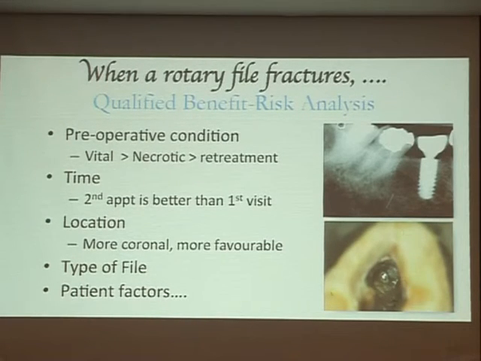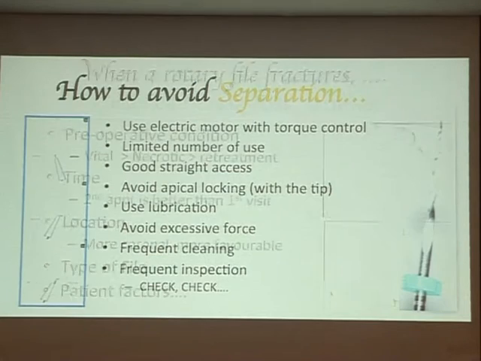If this is a necrotic case, very dirty, you open up, your first file goes in, and you separate it, we know that the canal is very dirty and infected, then you need to remove it. But more important is the last one, the patient factor. How difficult is your patient? Some patients are easy, some are very difficult, they keep complaining.